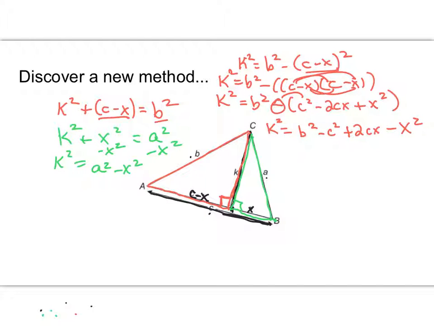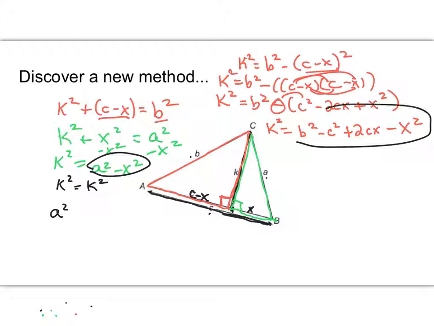So this side of my equation has to equal this side. So a squared minus x squared equals b squared minus c squared plus 2cx minus x squared. Confused yet?